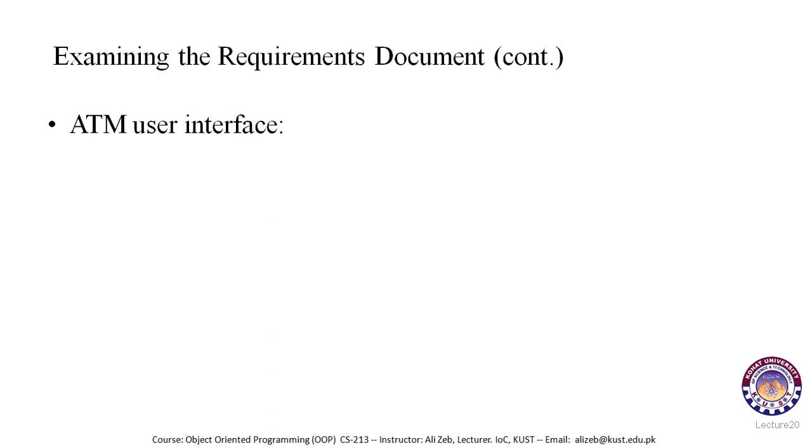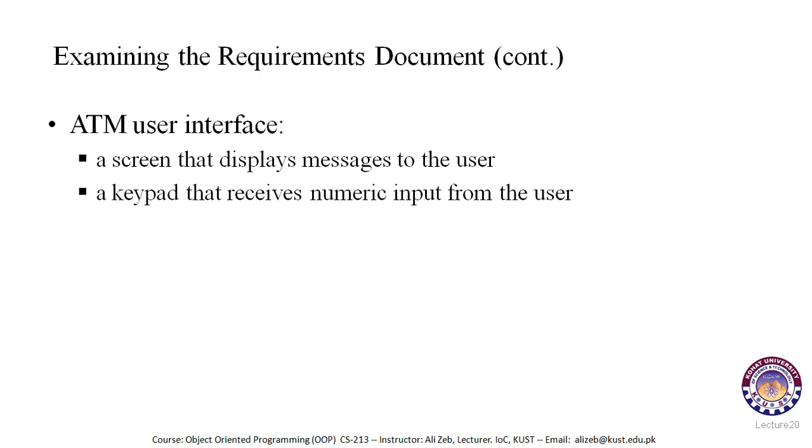Now let us continue our examination of the requirements document. The document requires you to have the ATM user interface, that is a screen that displays messages to the user. And these can be some informative messages directing the user how to use the ATM machine or how they can get their required functions from the ATM machine.